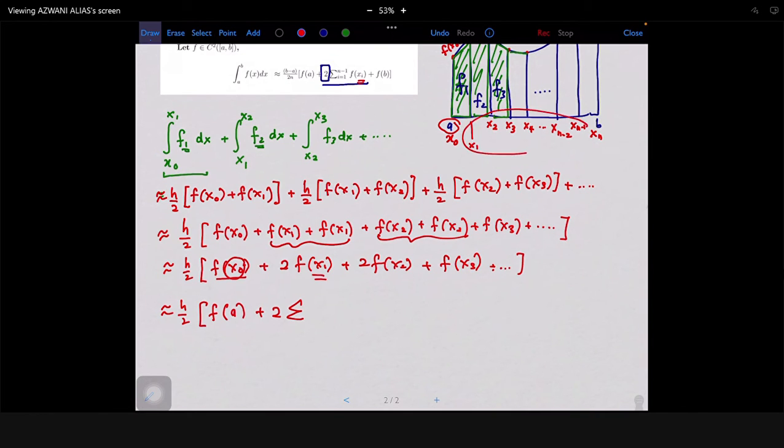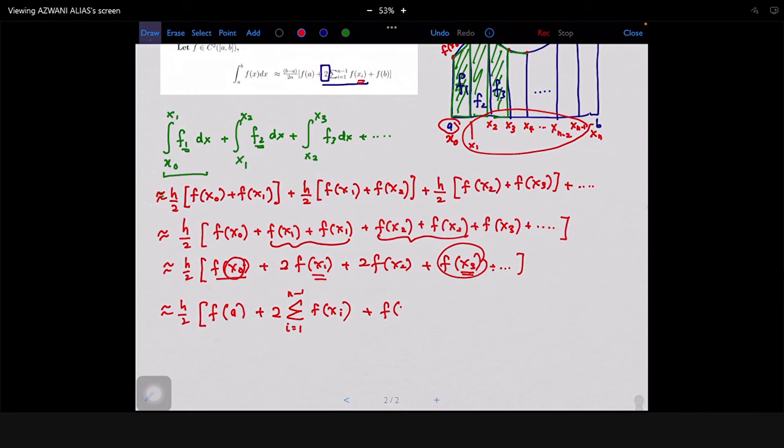Semua ni memang kena darab dengan 2 lah disebabkan oleh hasil gabungan antara for each subinterval tu. So, dia adalah start from i is equal to 1 up to n minus 1 pada function f xi plus this is the endpoint. Kalau 3 habis kat 3 lah.